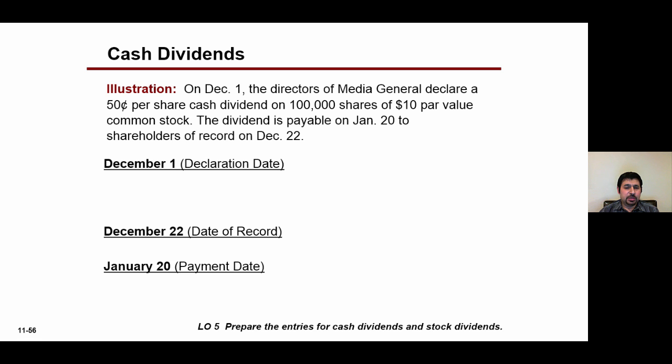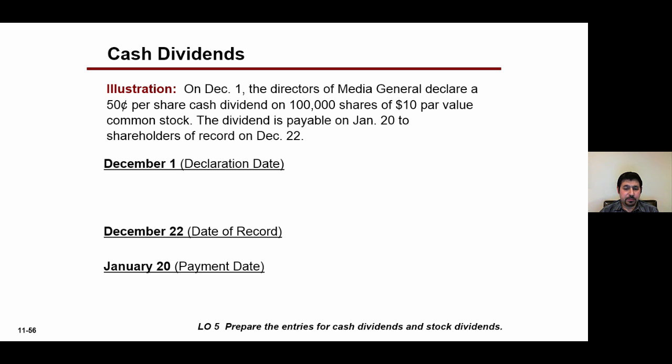So on December 1st, the directors of Media General declare a 50-cent per share cash dividend on 100,000 shares of $10 par value common stock. The dividend is payable on January 20th to shareholders of record on December 22nd. On the declaration day, the board basically has committed the company to a legal obligation.